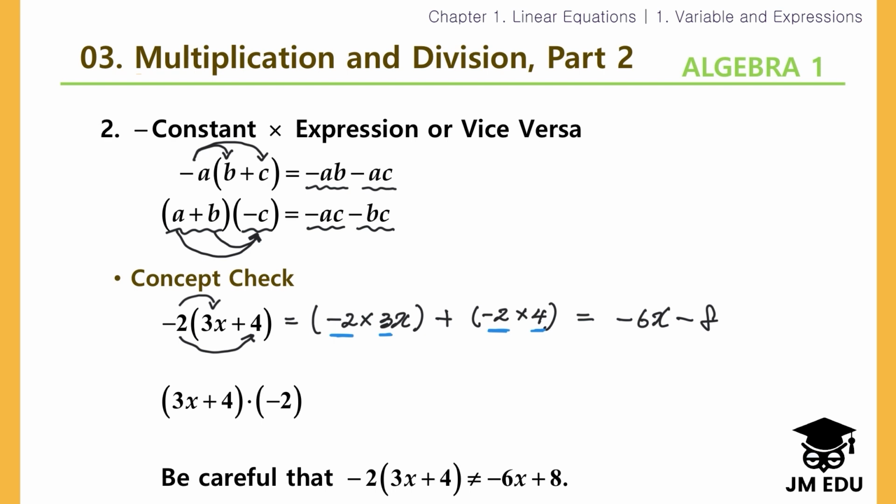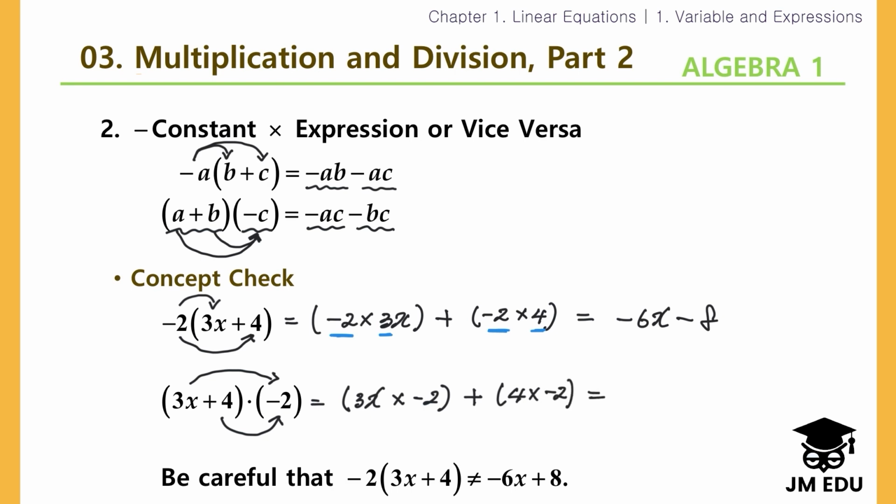Okay. If we have 3x plus 4 times negative 2, same thing. Apply the distributive property: 3x times negative 2 plus 4 times negative 2.